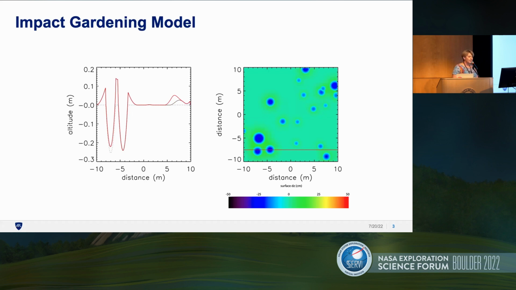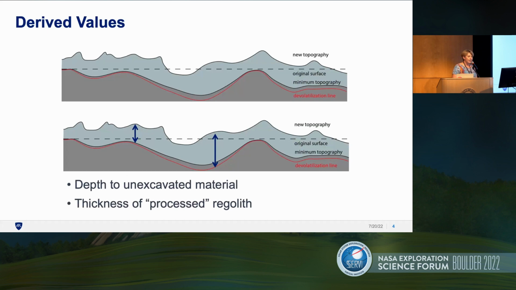So what the model does is it does lots of runs where I generate craters using the crater production function. And I track 3 numbers for that area. I track what the actual surface is as a function of time. I track the minimum altitude that ever occurred at that location.